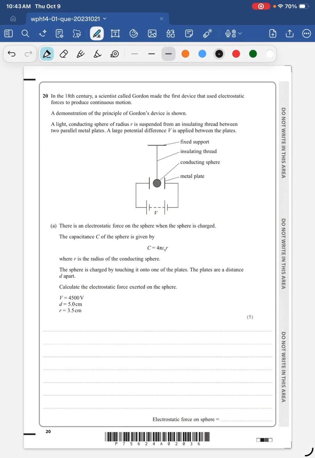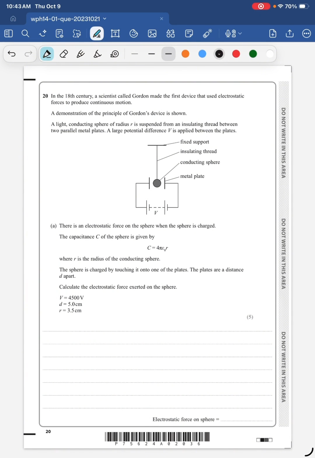This looks fancy. In the 18th century, a scientist called Gordon, I've never heard of him, okay, made the first device that used electrostatic forces to produce continuous motion. A demonstration of the principle of Gordon's device is shown.